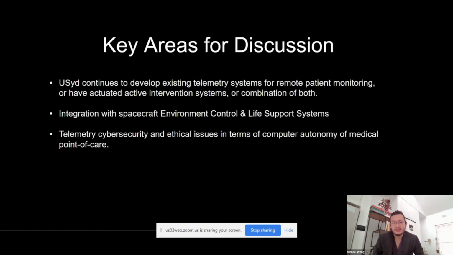So here at the University of Sydney, we continue to look at developing and working with existing telemetry systems, including satellite, in collaboration with colleagues at CSIRO, our science agency, as well as the Australian Space Agency and other academic institutions, as well as some private institutions that have expressed interest in how satellite technology can be used for remote patient monitoring, and do they have a standalone monitoring system, or do they have a feedback system like an automated medical delivery system, or maybe a combination of both?